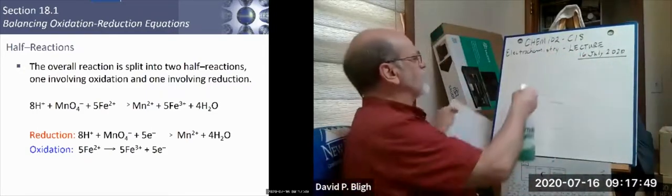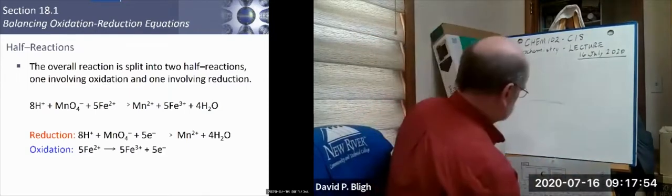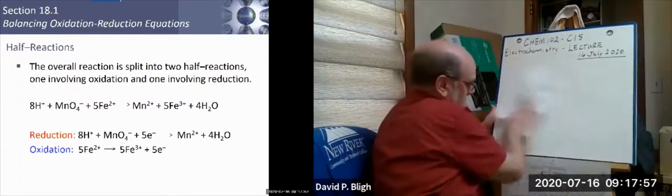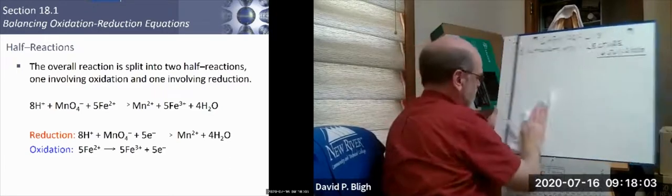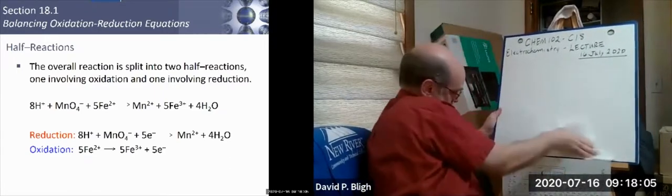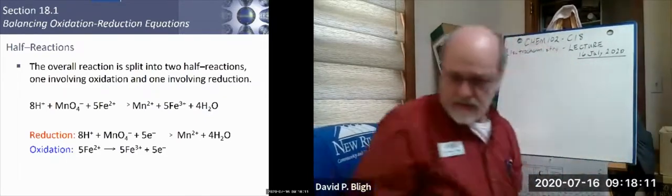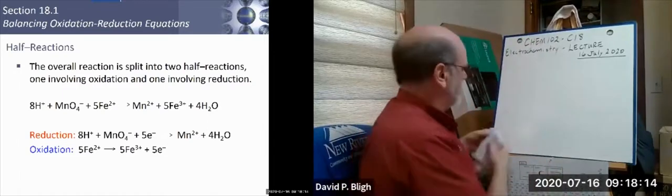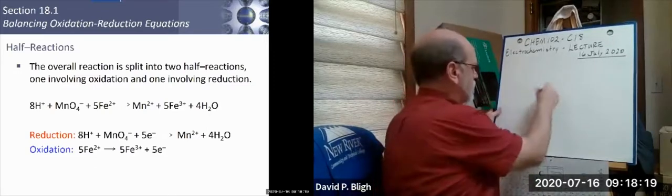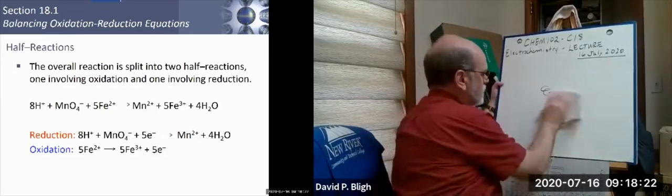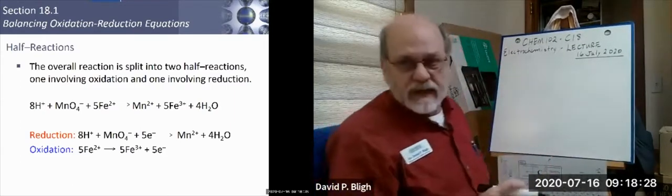Use a little polar, non-polar chemistry here. Oh, there we go. Yeah, that's better. Now the question is, is it going to do the same thing with my marker as it did before? Be sure it's dry. That's a little better. Okay, let's carry on.